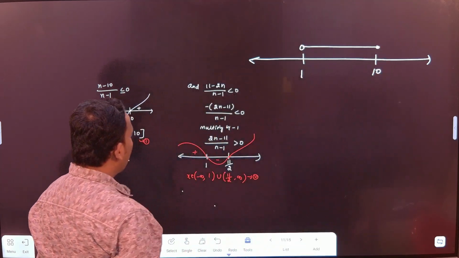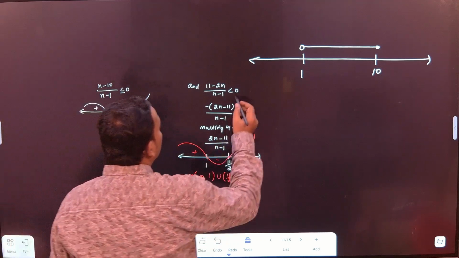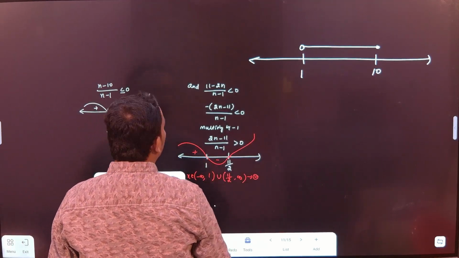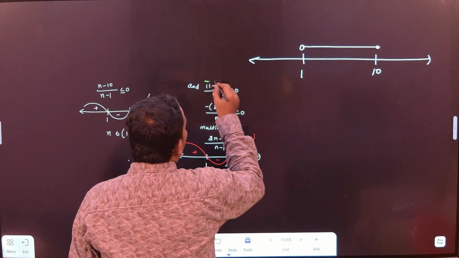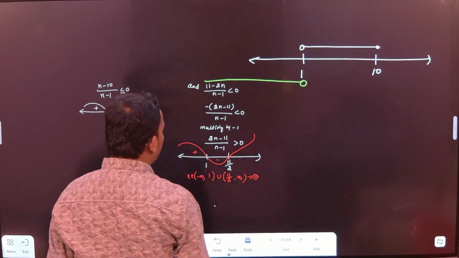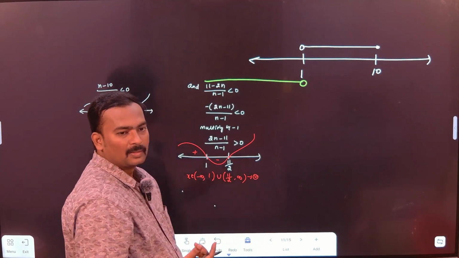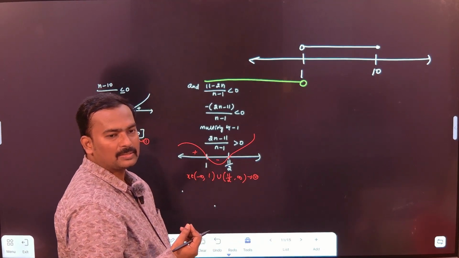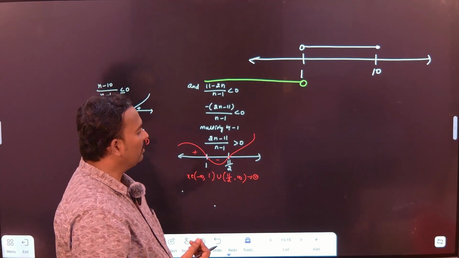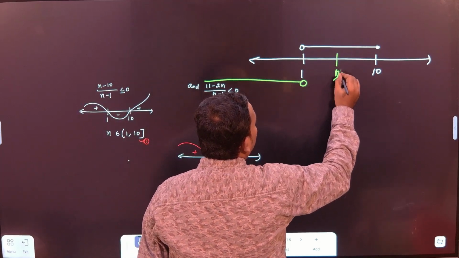Next is minus infinity to 1, and 1 is not included. Then 11 by 2 to infinity. 11 by 2 is 5.5, so here it will be there. 11 by 2 you can take.